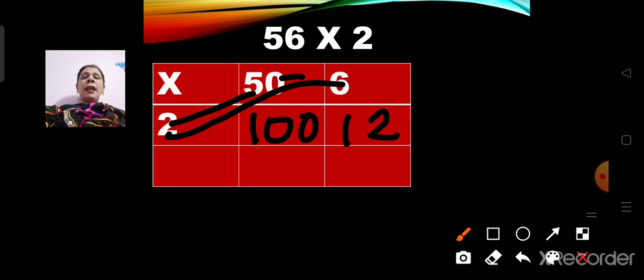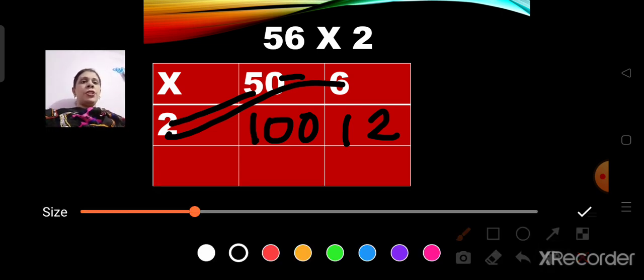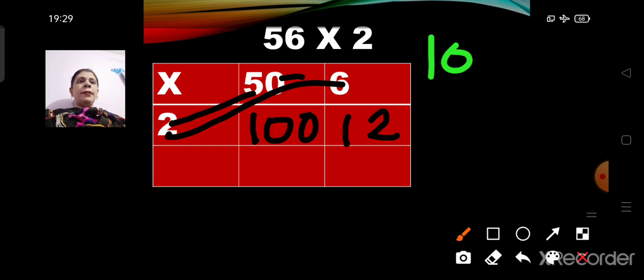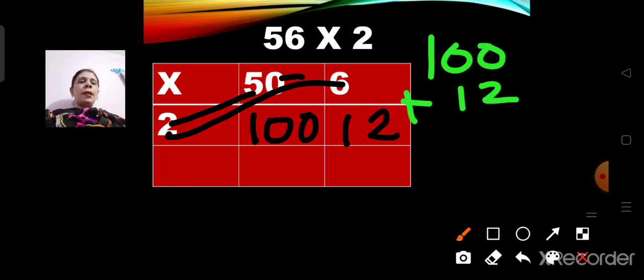Children, this is the lattice method of multiplying using one number. Now what we are going to do? We are going to add this number. Wait, I'll change the brush. We are going to add this 100 plus 12.